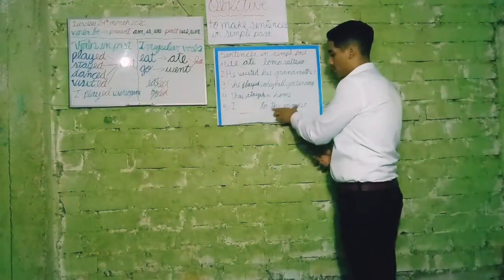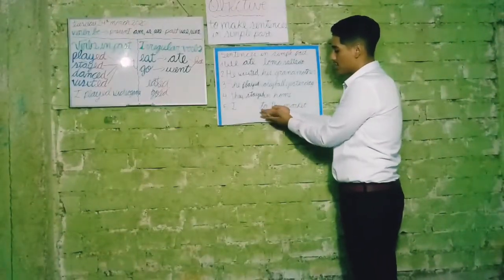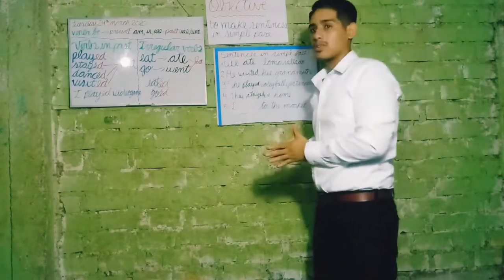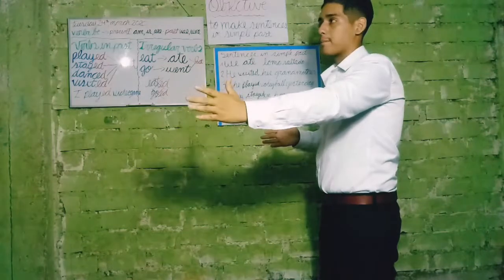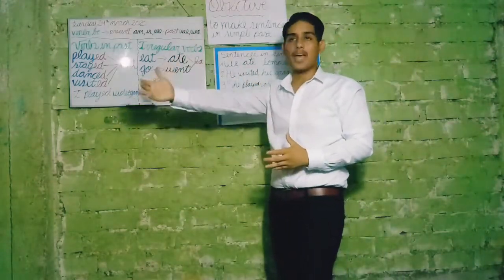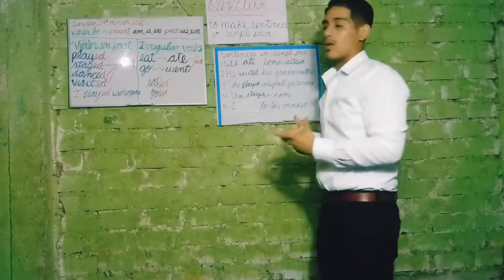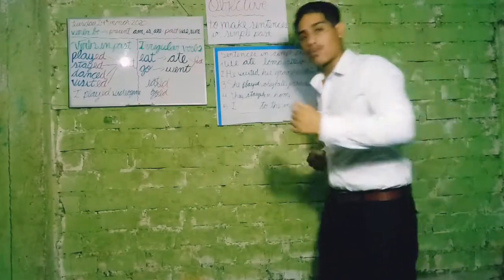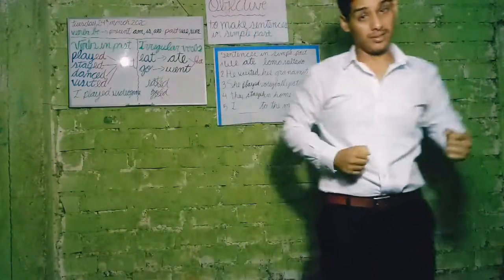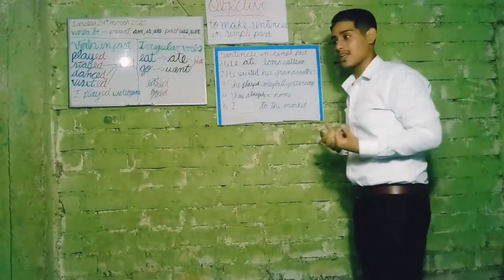I to the market. When you see this, to the market, to the library, to the any place. The action. What is the action for moving to that place? What is the action?